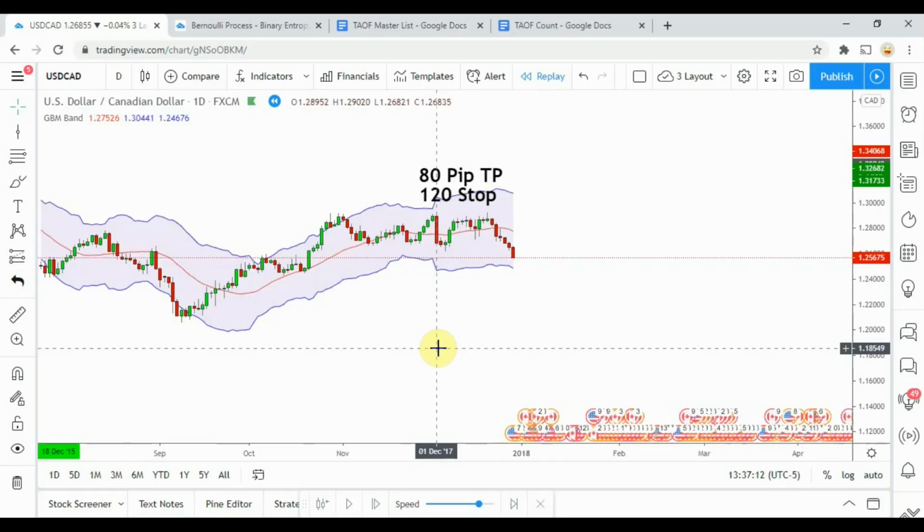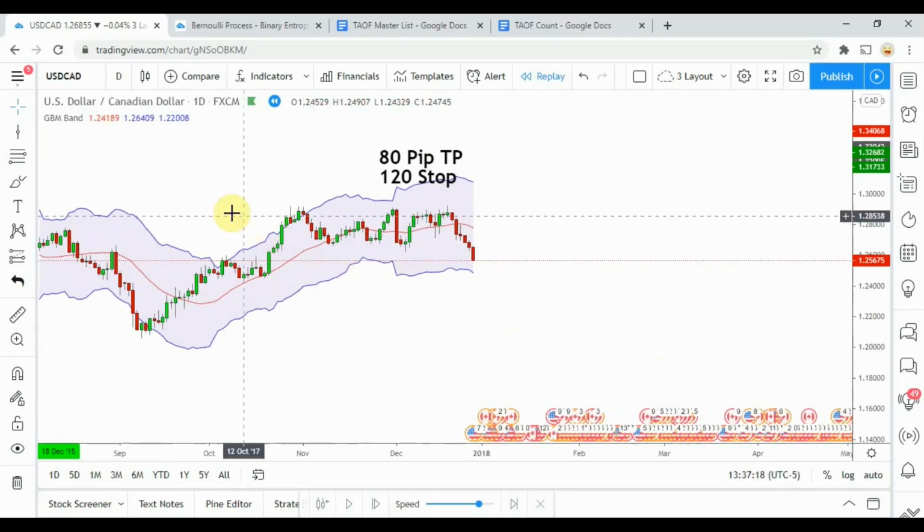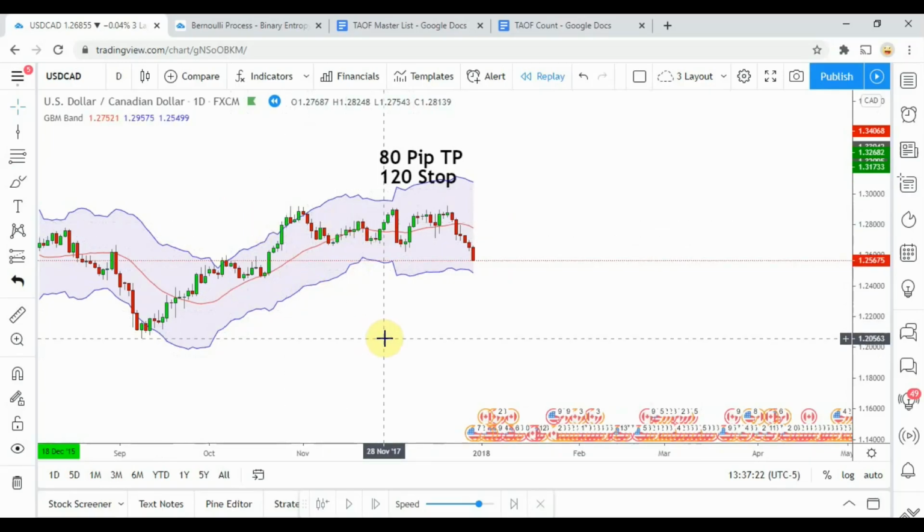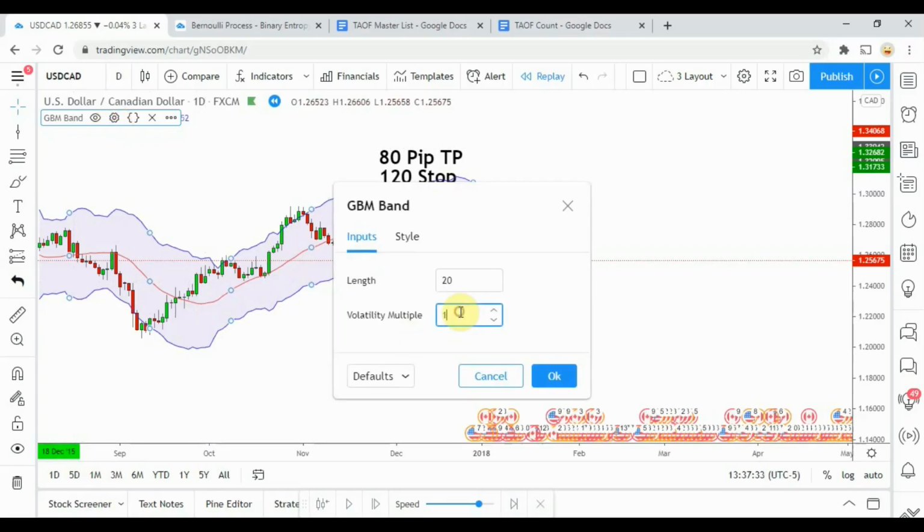And then we work our way down that rabbit hole, where one person says test it with the bands. Okay, I test it with the bands, and then the next person comes along and says, well, you shouldn't have done it on the multiple of 1, you should have done it on the multiple of 1.25, or however you want to put it.